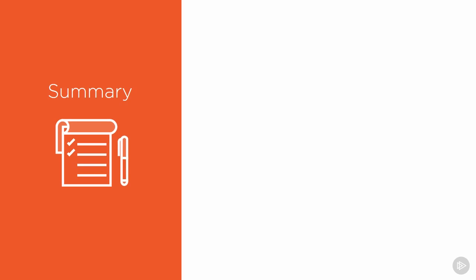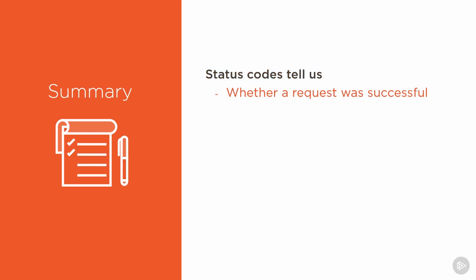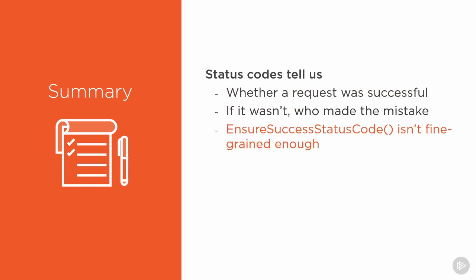We learned that a status code can tell us something about whether the request was successful or not and whose fault it was, the client or the server's fault. By using EnsureSuccessStatusCode, we're throwing exceptions even if the client made a mistake or can handle the error. In this module, we learned a better approach. We can inspect the status code of a response and act on it.